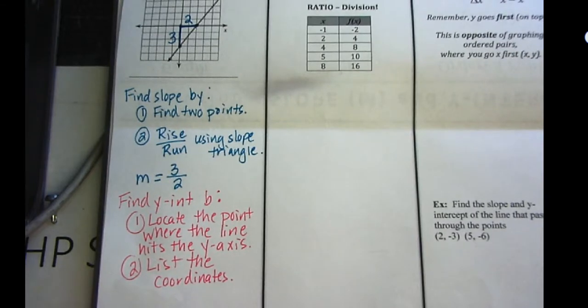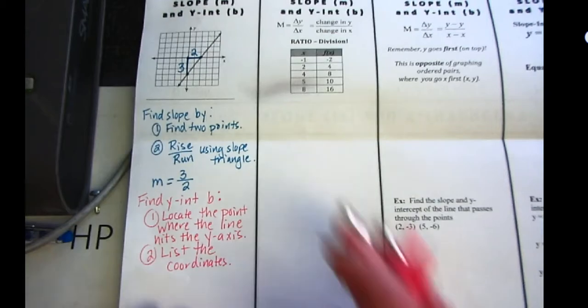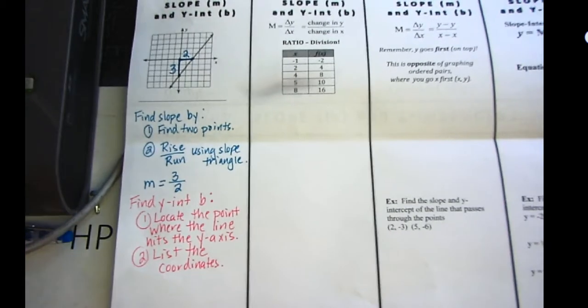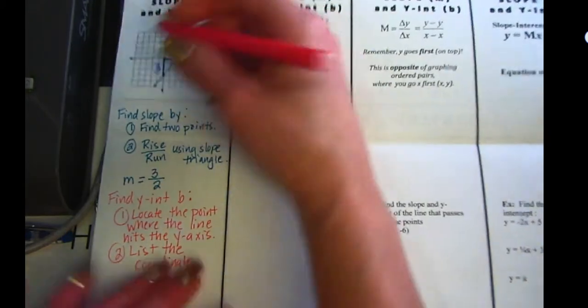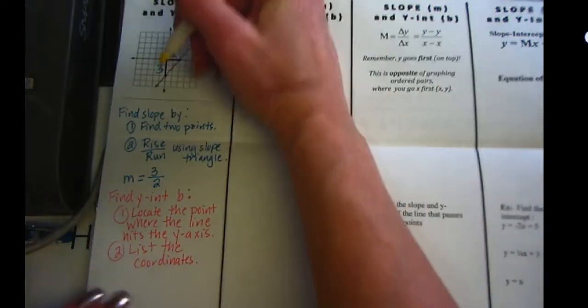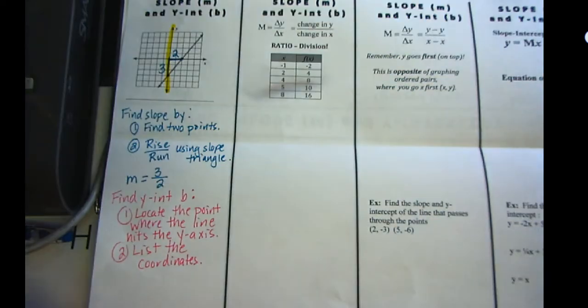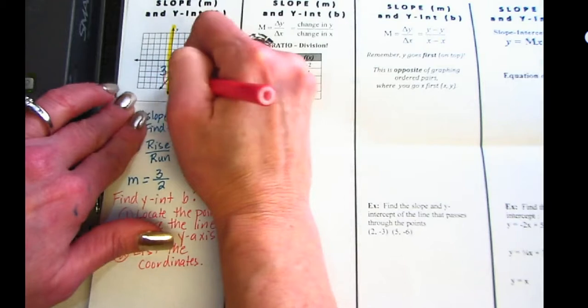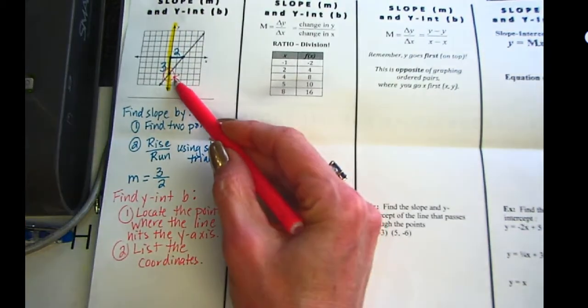So if I look at this graph here, and I'm looking for the point where it hits the y-axis, and sometimes it's helpful to highlight the y. This point here is where the line hits the y-axis.